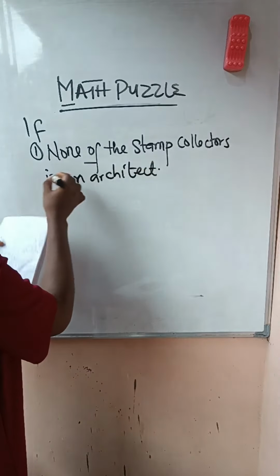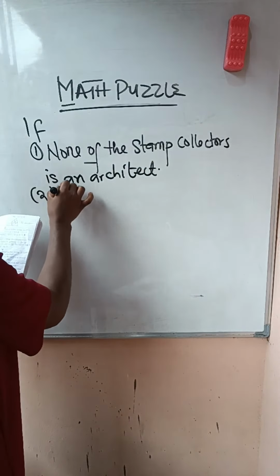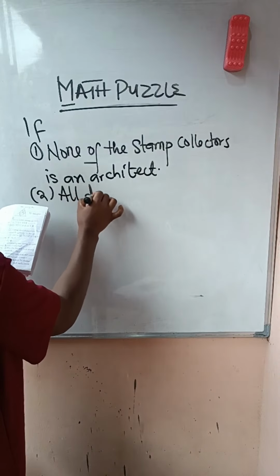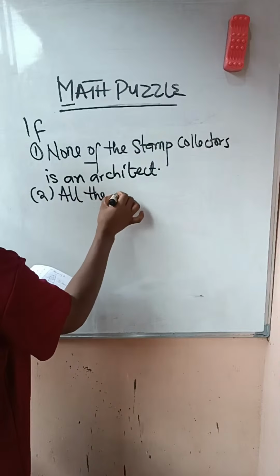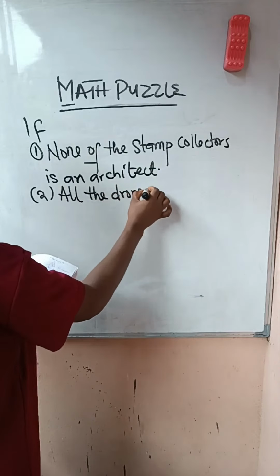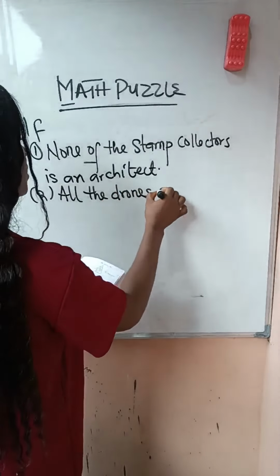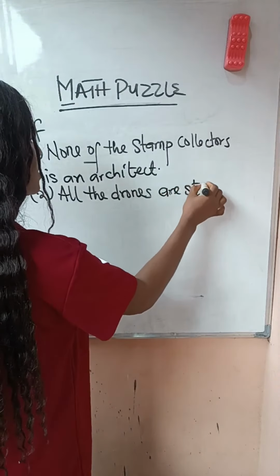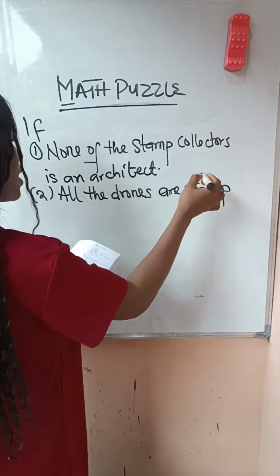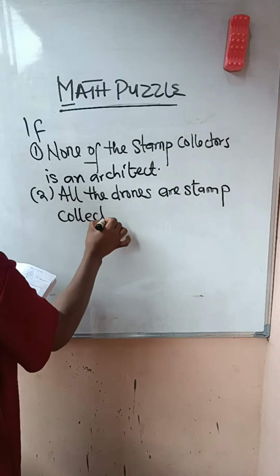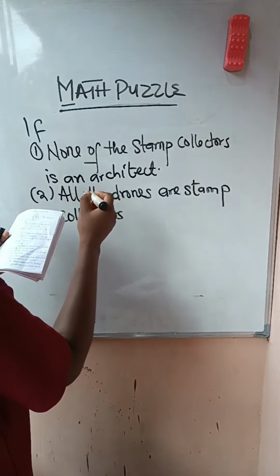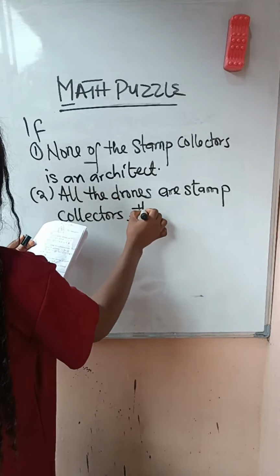Then number 2, all the drones are stamp collectors. This is another logical question. Remember how we answered the first one? You can apply that knowledge here and see if you will get the right answer.